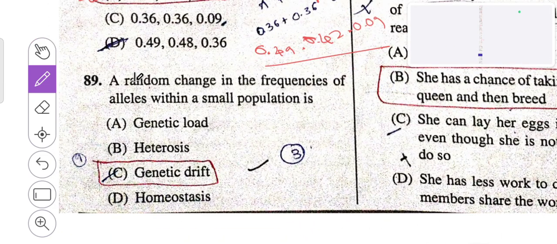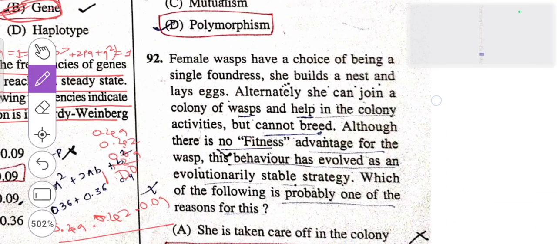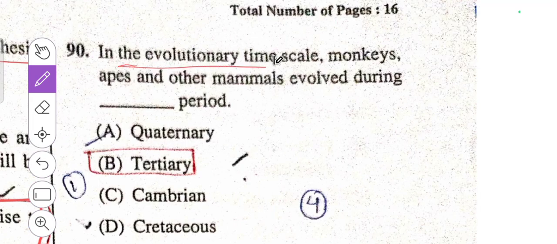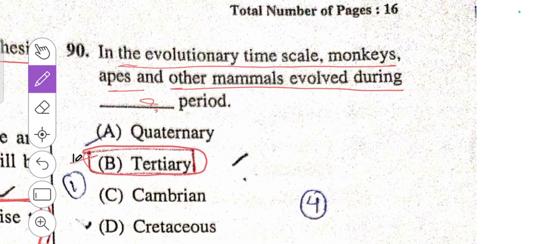89th, a random change in the frequencies of alleles within a small population, a change in the frequency of allele, will be called genetic drift. In an evolutionary time scale, monkeys, apes and other mammals evolved during dash period, that is the tertiary period.